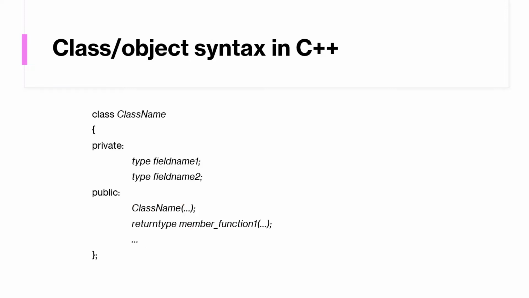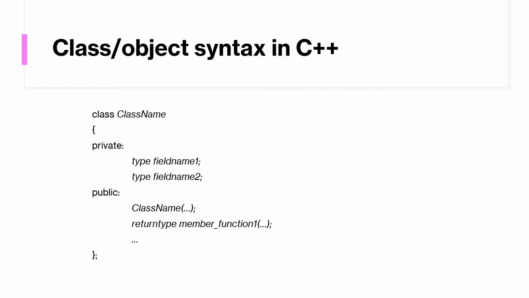Okay. To define a class in C++, you write class name. As with structs, we tend to capitalize the name of a class, and we tend to use what's called camel case, where every new word gets a capital letter that looks like the humps on a camel.